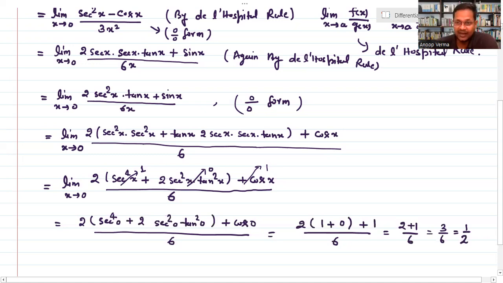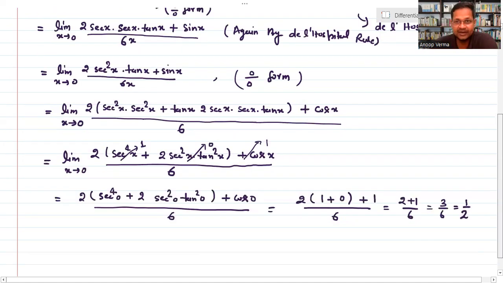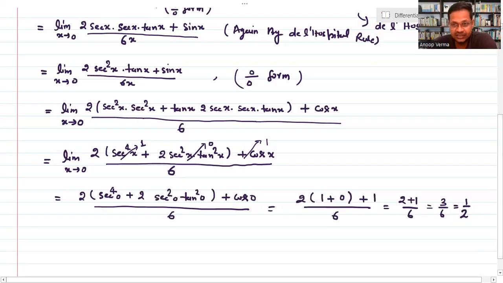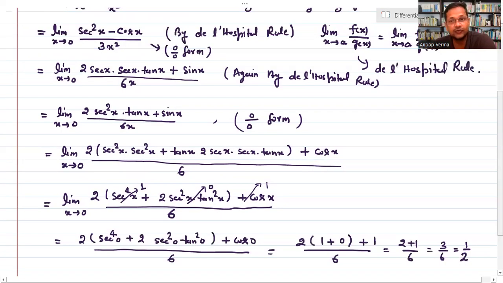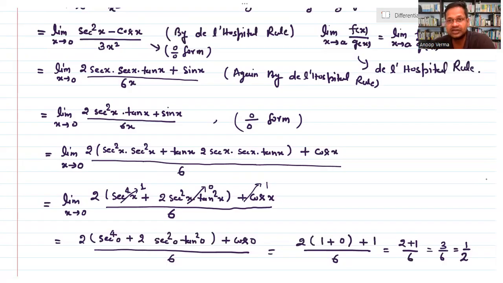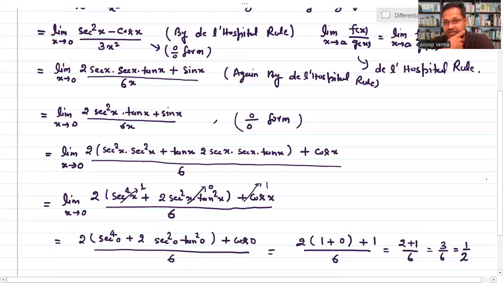So by using the L'Hospital rule, we can calculate the limit of the indeterminate form 0 upon 0. You can apply the L'Hospital rule till you get 0 upon 0 form or infinity upon infinity form, because in the previous lectures we have proved it. When we get 0 upon 0 form, we can use this theorem, because in the L'Hospital rule we take the derivative of the numerator and denominator separately.